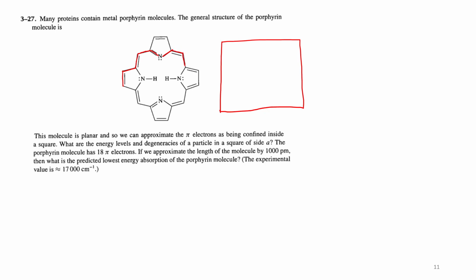So the red line I am drawing around the structure is actually the plane containing the pi electrons. Other pi electrons are there, but the 18 pi electrons they have mentioned are in this plane, and that is the only planar part. Rest of it is not. So you see right now.